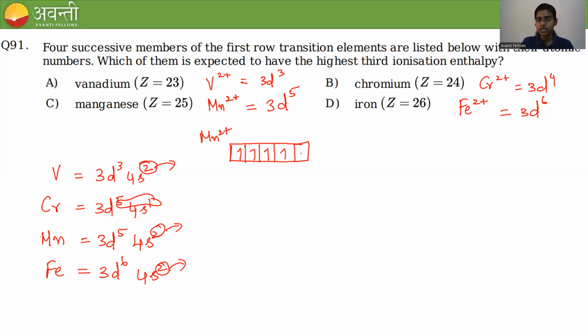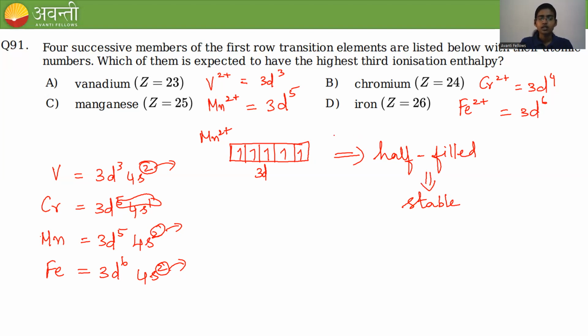Coming to manganese 2+. Since manganese 2+ has 5 electrons in its d orbital, it is in half-filled electronic configuration. Half-filled electronic configuration means it is in a stable electronic configuration. The stable species cannot be disturbed, right? And more energy is required to remove an electron from the more stable system.